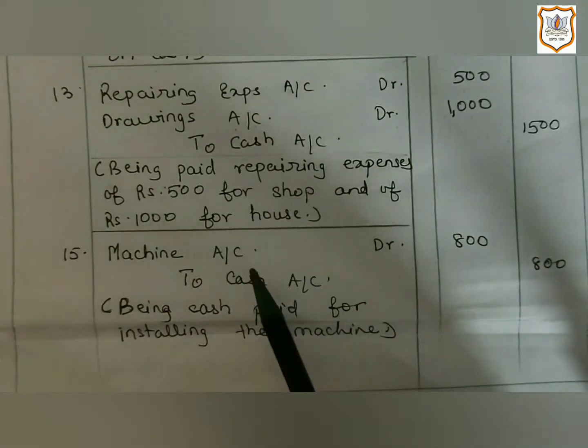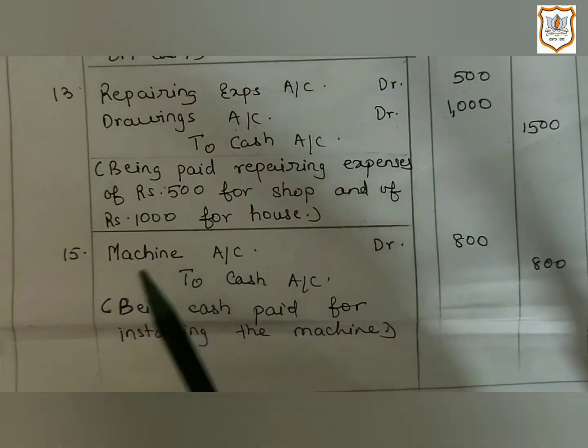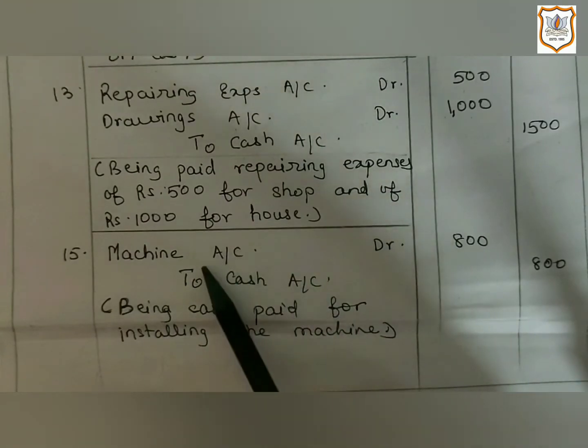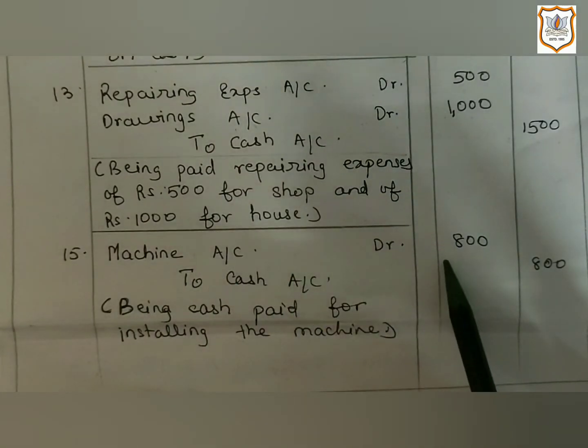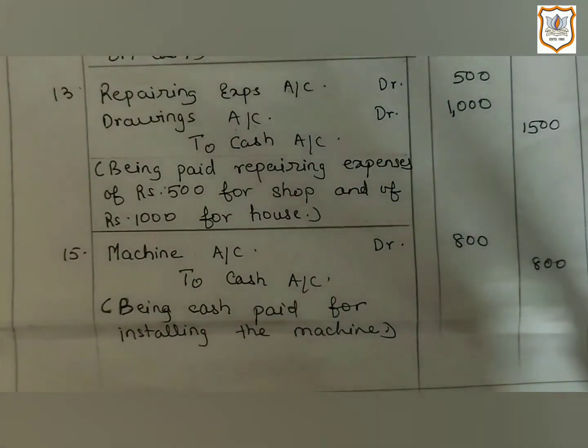See, here the amount of machine installation expense will be added to the value of machine, as this expense is related to the purchase of the asset, that is machine. So machine account will be debited by rupees 800, and as we are paying it, our cash is going out of business.